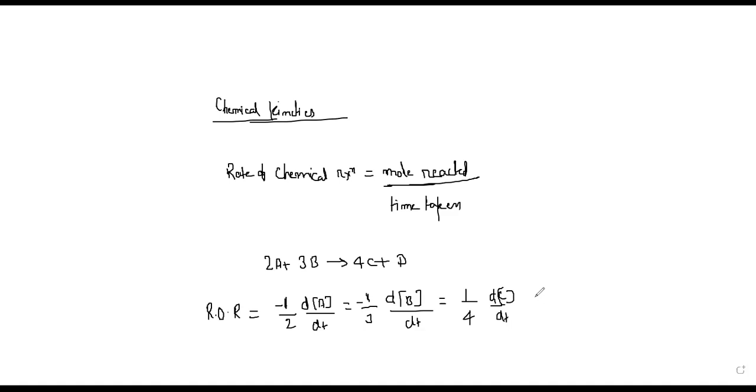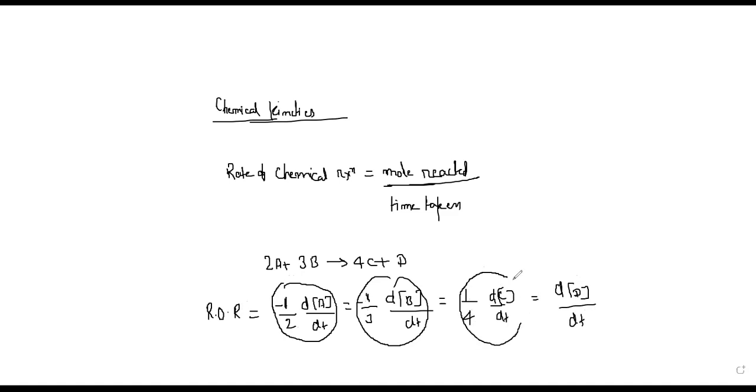After that, for the D, I will write dD by dt. This is the rate of chemical reaction. This whole value, whether I write the rate of the reaction with respect to A, B, C or D, will be the rate of the chemical reaction.